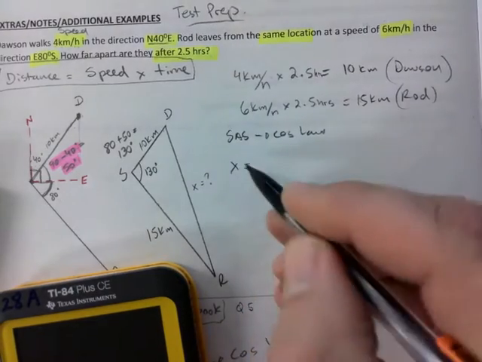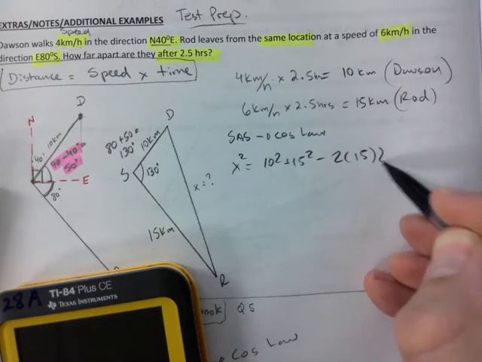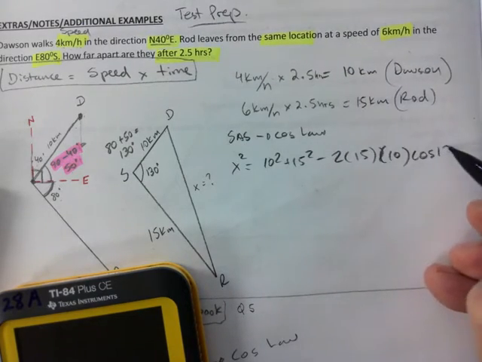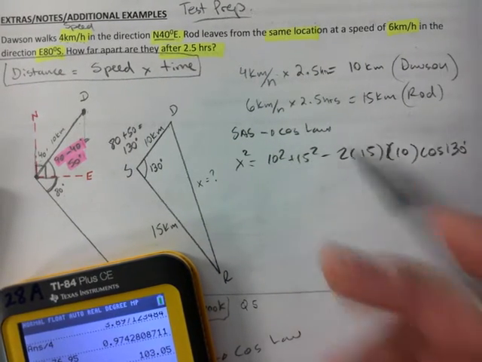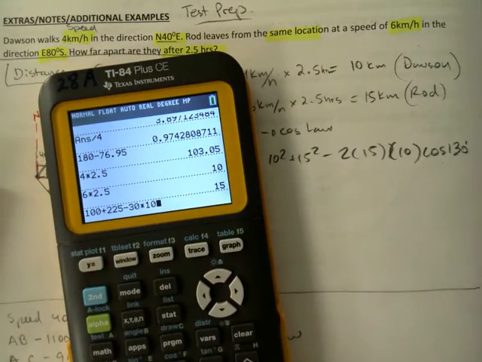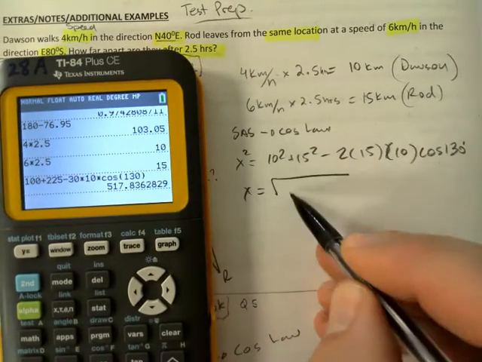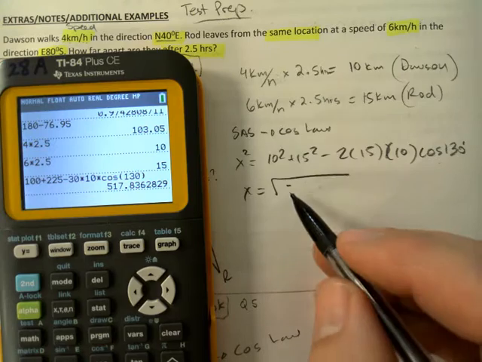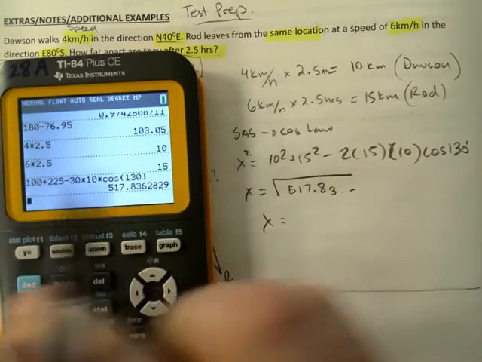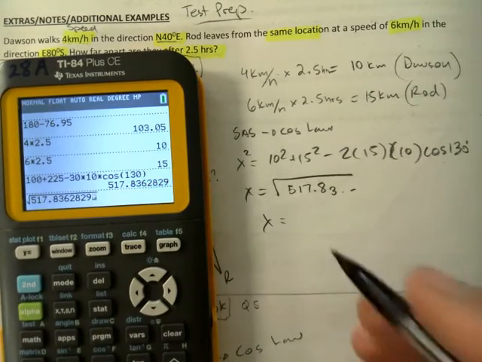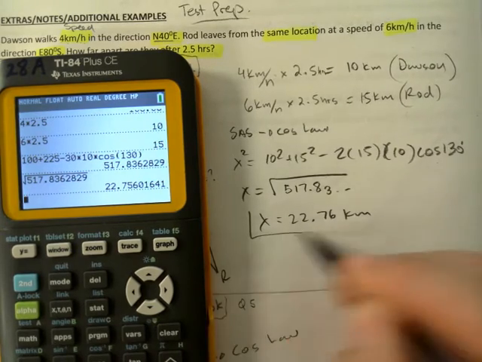There's no other way. 22.76 kilometers. And it makes sense, it's an obtuse angle.